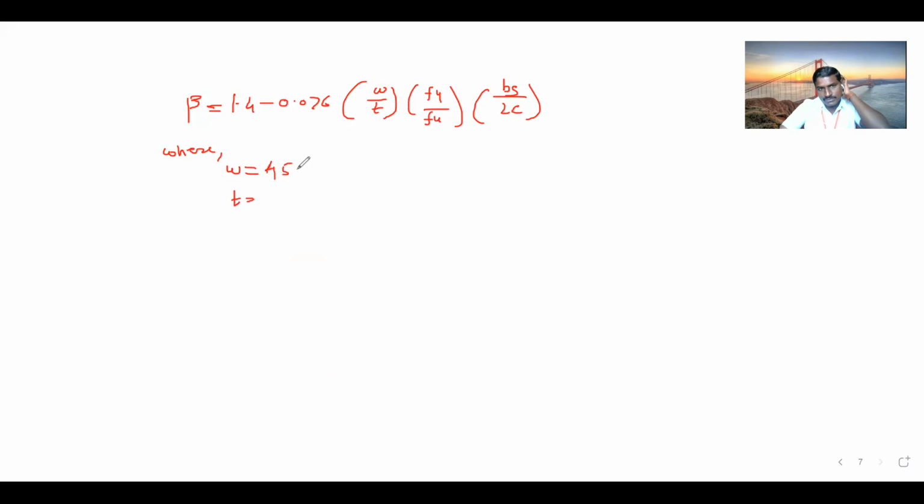Why 45? What is the meaning of W? Width of outstanding leg. Correct. t is the 6 mm thickness of angle. Then Fy is known. Now bs equal to W, it means 45 mm.